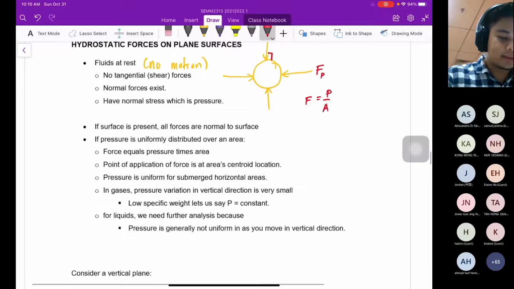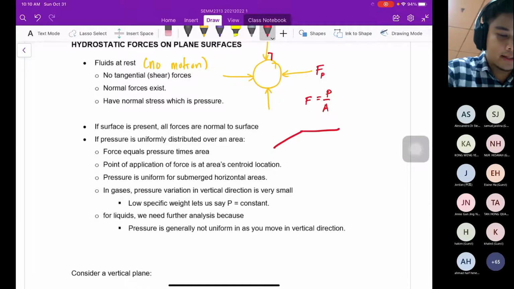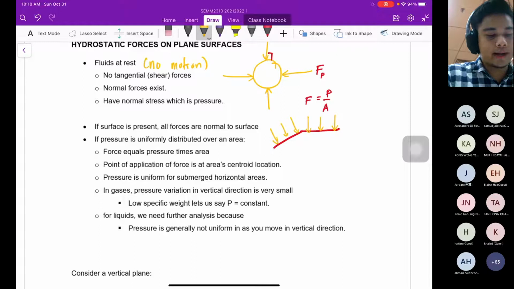So if a surface is present, all forces are normal to the surface. For example, if this is the surface, all the normal forces must be perpendicular to the surface. If pressure is uniformly distributed over an area, these are the consequences. The first one, force equals pressure times area, and it is normal.